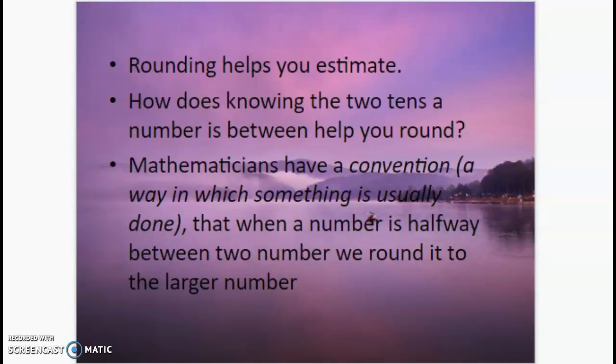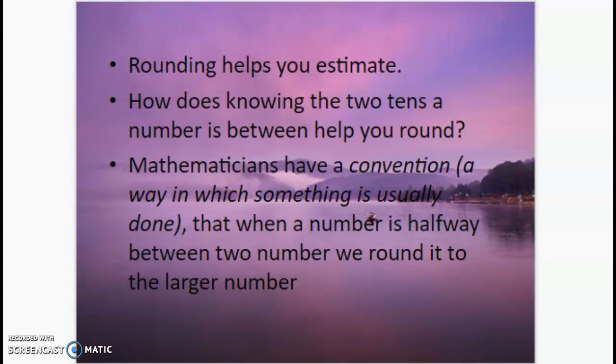One of the things that rounding helps you is to estimate numbers. Rounding helps us estimate. There are other ways to estimate as well that we're going to be learning, but rounding is one of those that we're going to be working on again today. The thing that we have to think about when we're rounding is, how does knowing the two tens number it is between help us round?